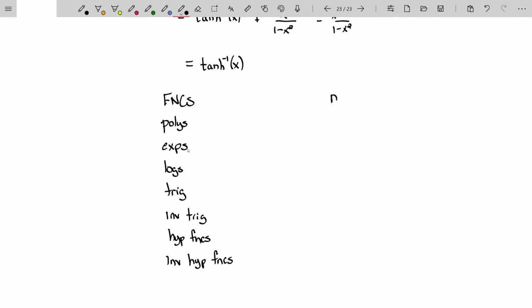And then the methods, or techniques, if you will, would be the product rule, the quotient rule, chain rule. Let's see, implicit differentiation, logarithmic differentiation. Those are kind of the methods to taking derivatives. I'm sure I could possibly have missed one, but I actually don't think I did.